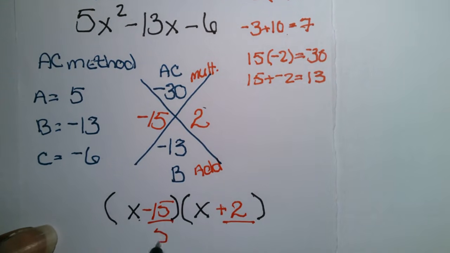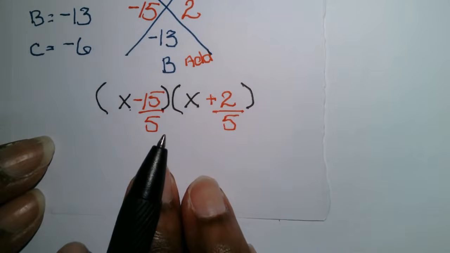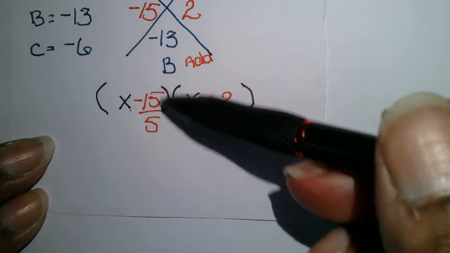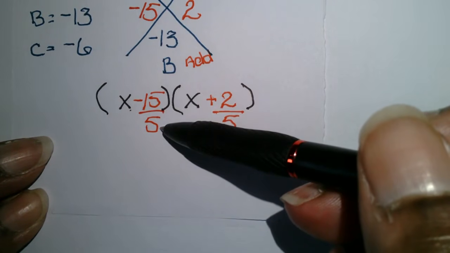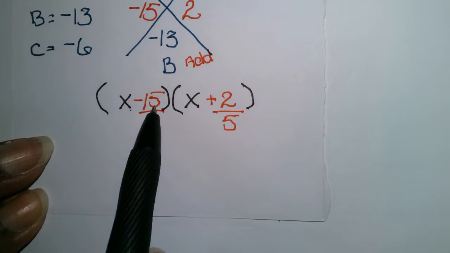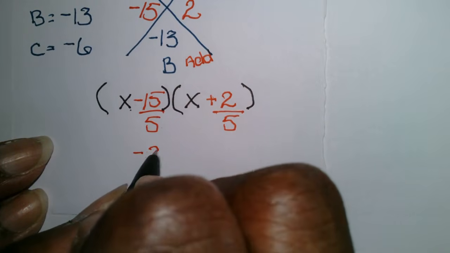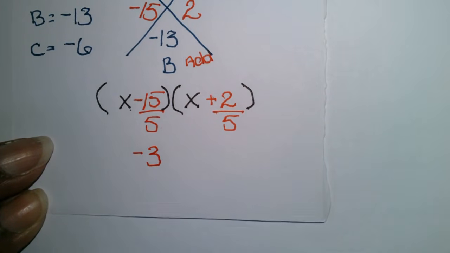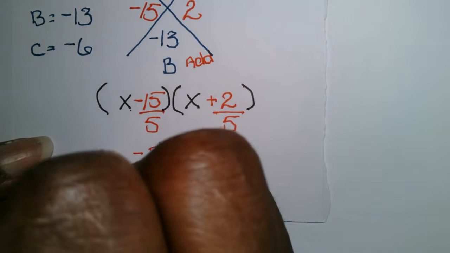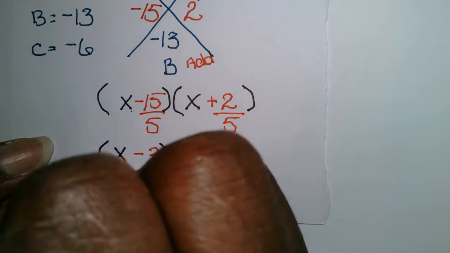So there's a 5 here, and there's a 5 here. If I can divide it, go ahead and do so. Negative 15 divided by 5, that gives me a negative 3. So I bring down my parentheses and my x.